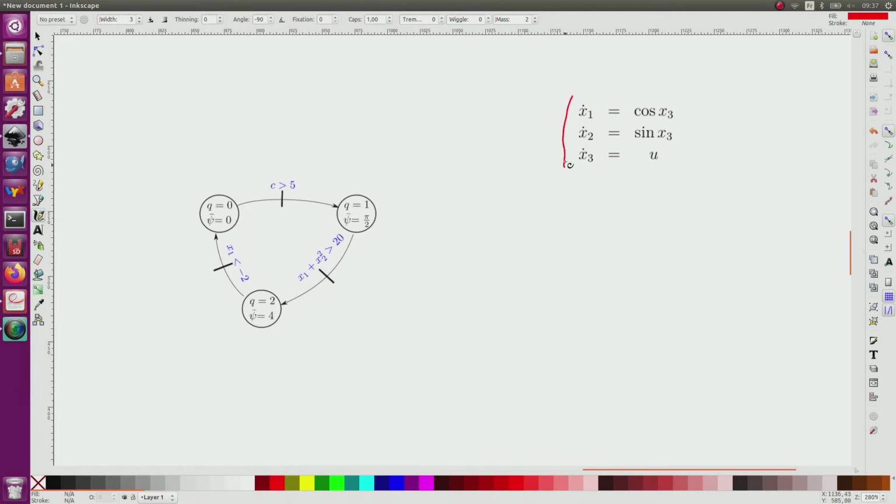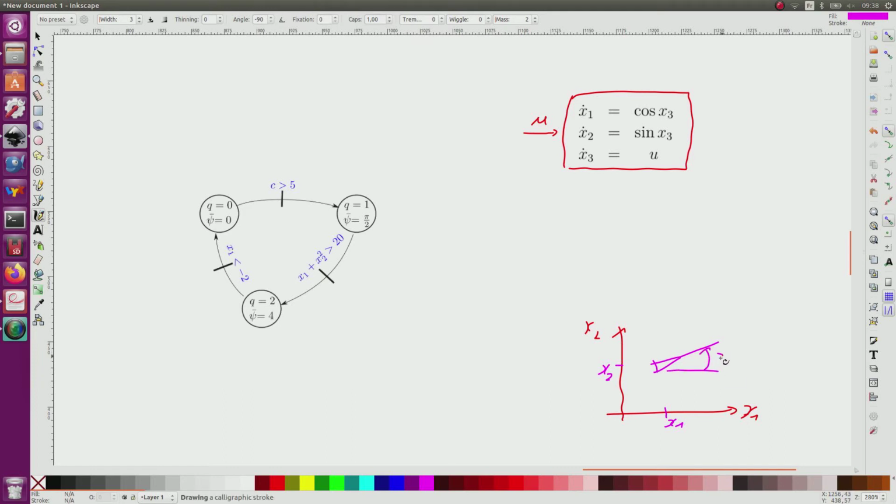So this is my system, and the input of this system is u, which corresponds to a rotation rate. x1 is a position, so I have here my robot. x1, x2, and the robot is like this, with an input x1, x2, and the heading corresponds to x3.